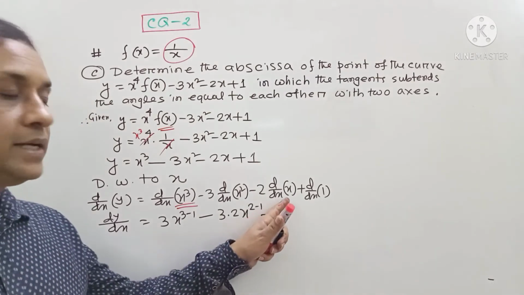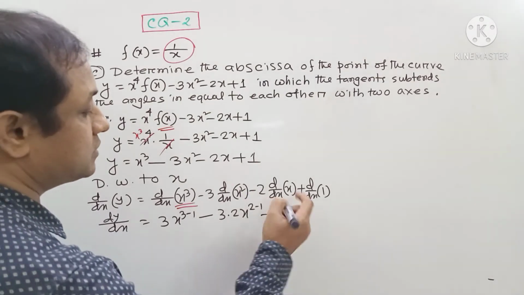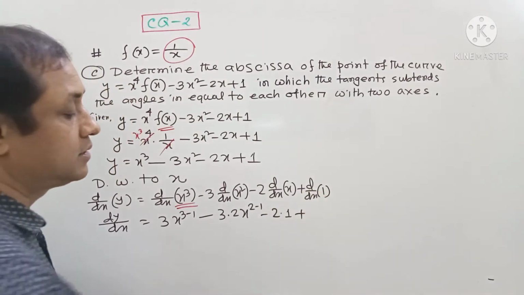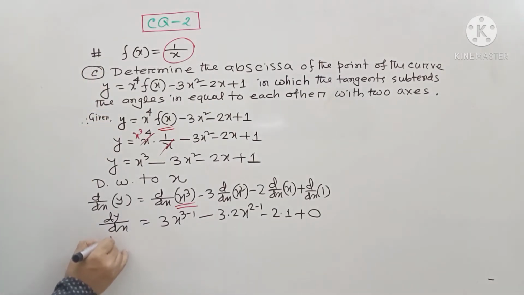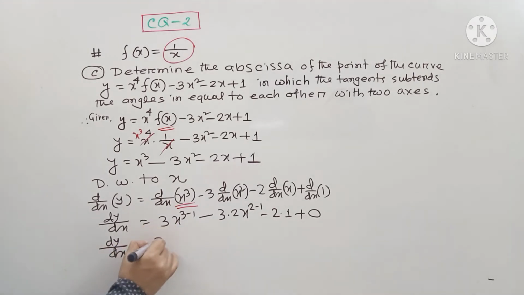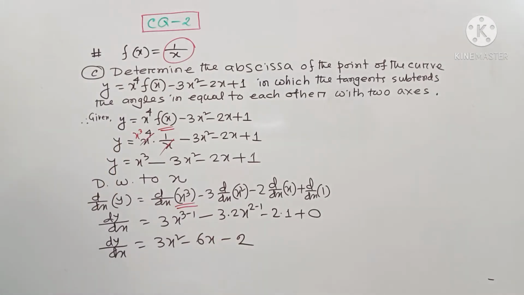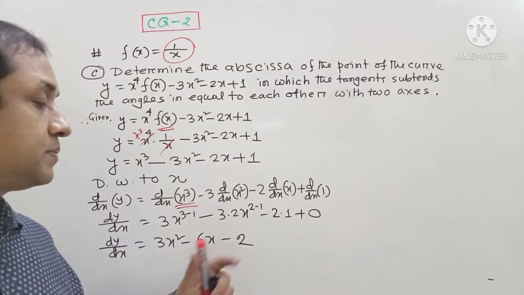We know that ddx of x is 1 and ddx of constant is 0. So next line student, here dy dx equals 3x squared minus 6x minus 2.